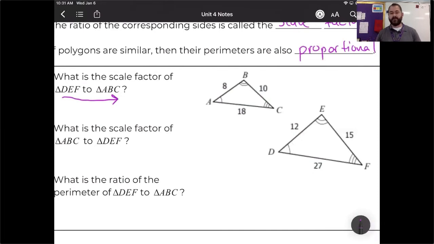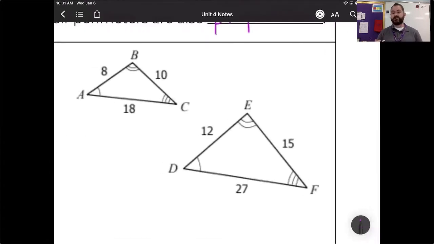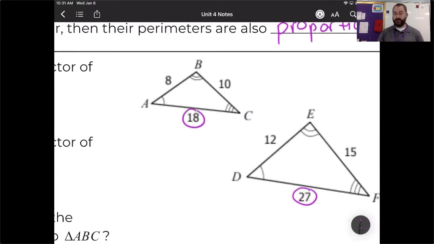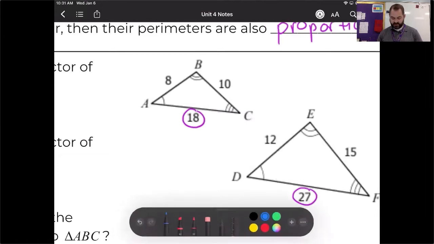So what I want to do is match up corresponding sides. If I look at triangle DEF here, the largest side is the 27. That has to be the corresponding side to the other largest side in triangle ABC, which would be 18. Or I could do smallest side to smallest side too.